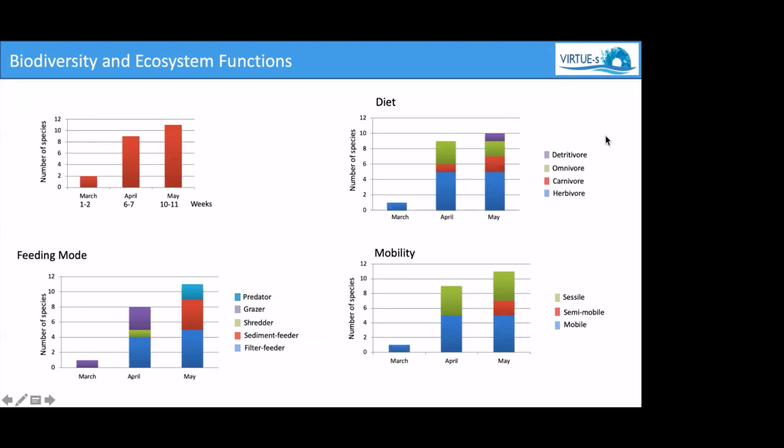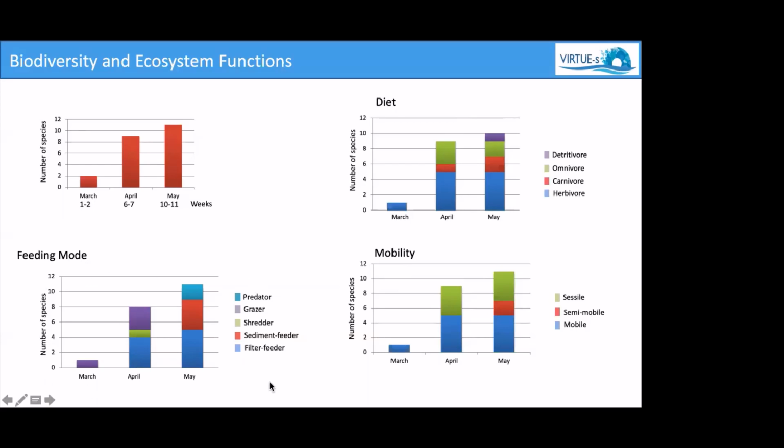For diet, are they detritivores, omnivores, carnivores, or herbivores? And for mobility, are the organisms sessile, semi-mobile, or mobile? So you don't have to make it very complicated, but you can just take one characteristic at a time. And you can see the development here.